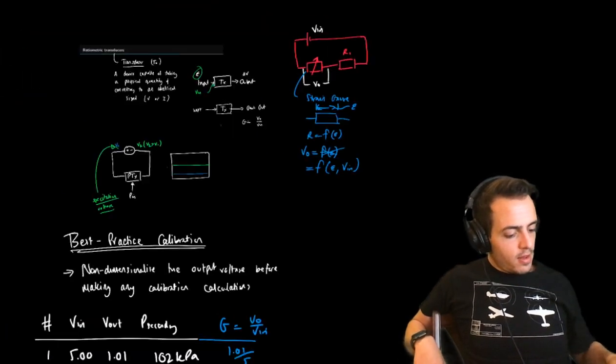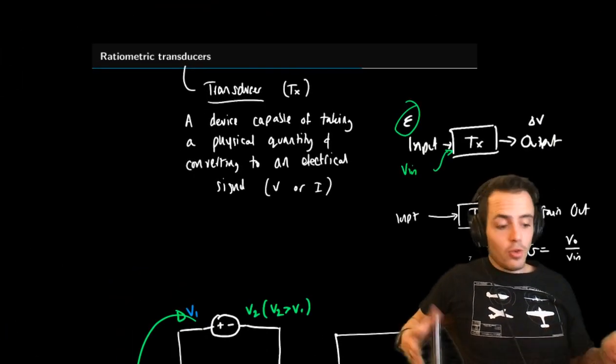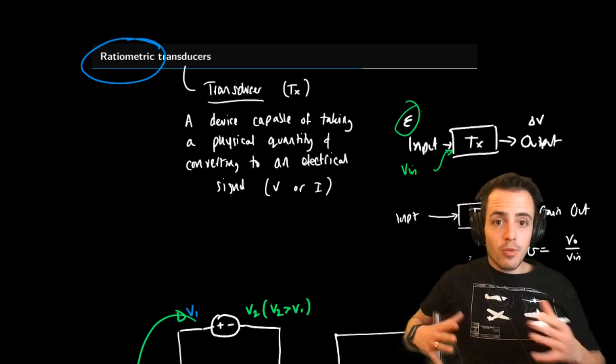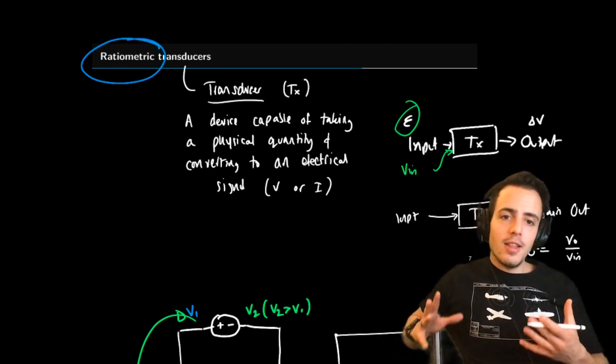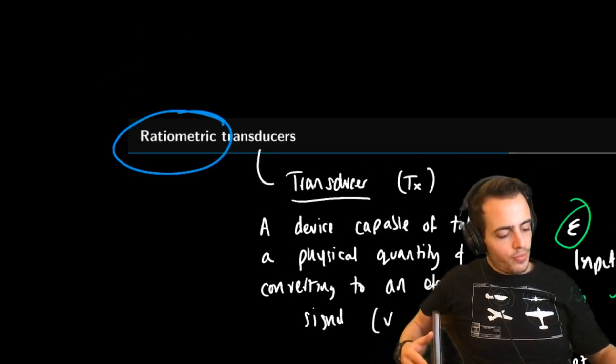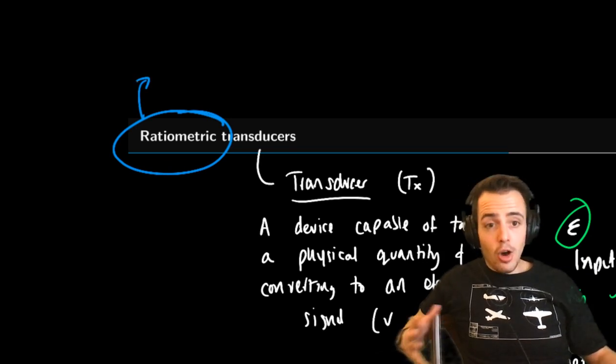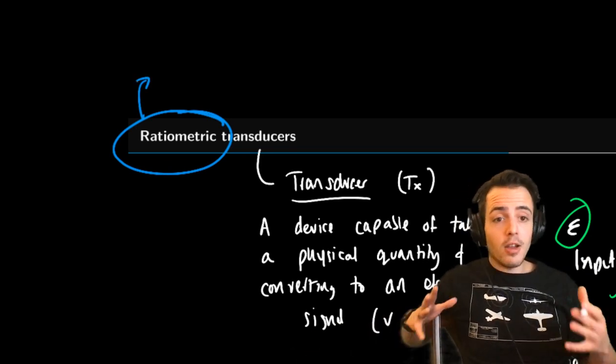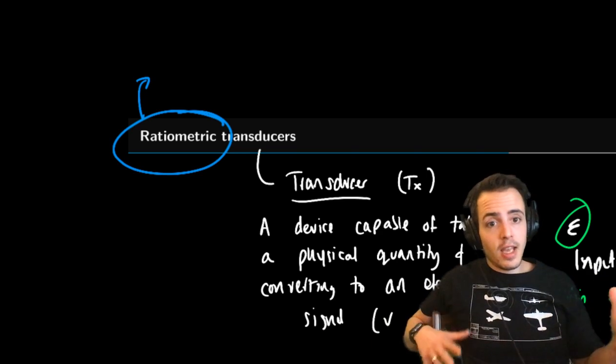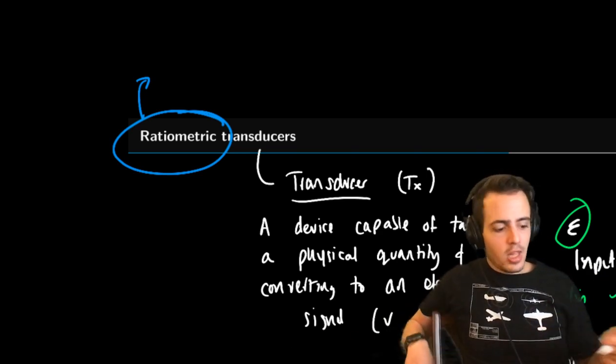So all of this comes down to the fact that most transducers we look at are ratiometric. They're ratiometric because they are often just measuring, so they are fancy devices for turning something we care about into a change in resistance.